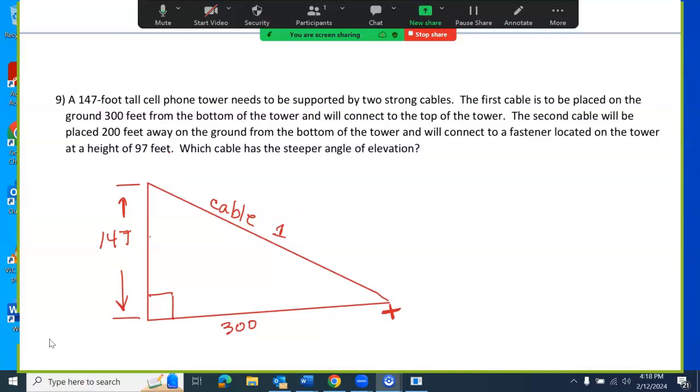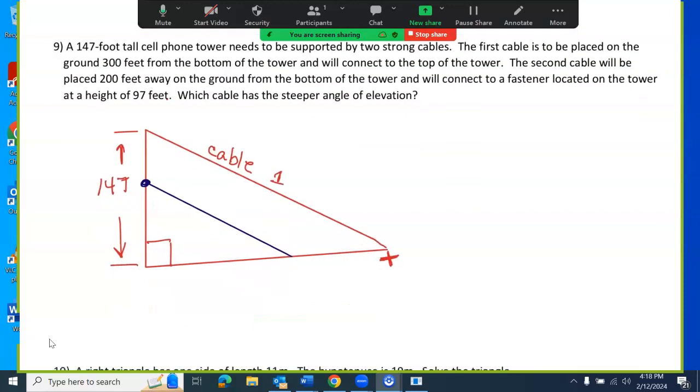Okay, so I'm going to change my color, and I'm going to move that 300 so that it's in a good spot. I'm going to erase the 300 for right now, and I want to indicate in red that from here to here is 300.